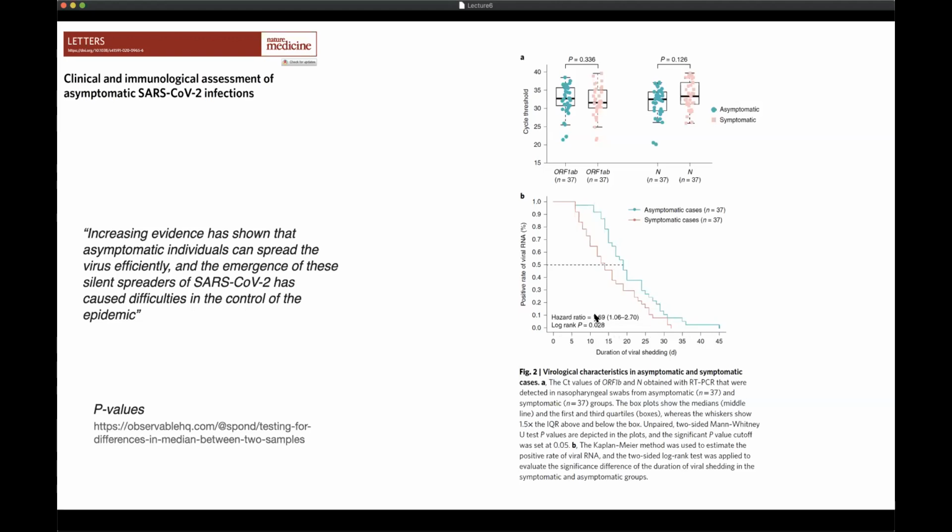The hazard ratio is just one way to estimate how much more likely it is that an asymptomatic case is infectious than the symptomatic case. So this is a counterintuitive finding, right? The first finding is that there's no difference between how much virus is being made in symptomatic and asymptomatic individuals. And the second one is that both are infectious, and if anything, asymptomatic cases are infectious longer.